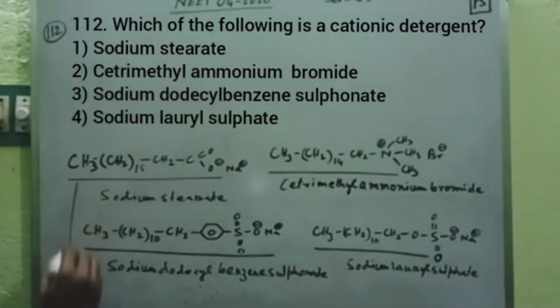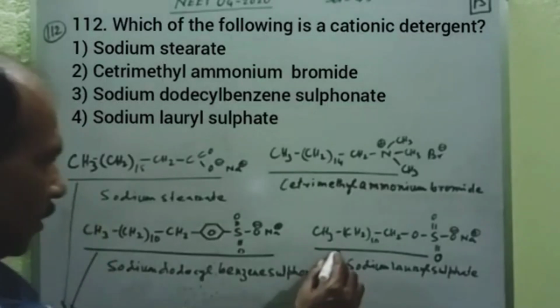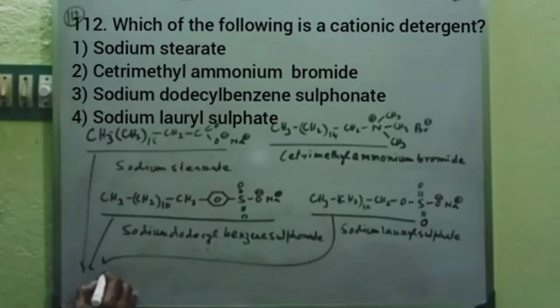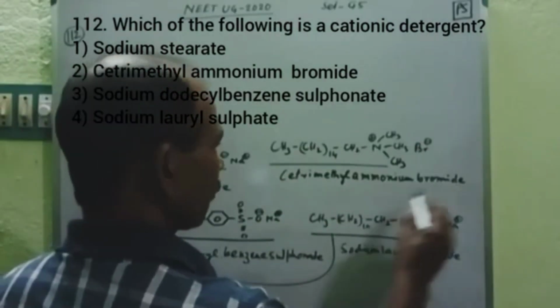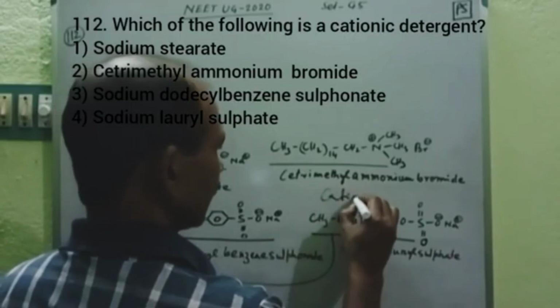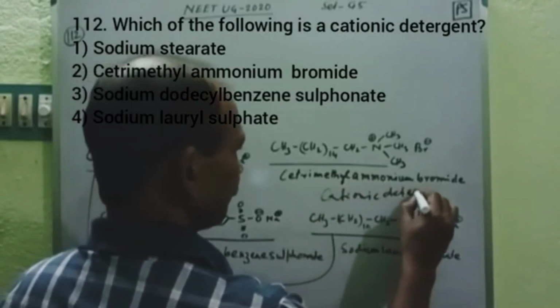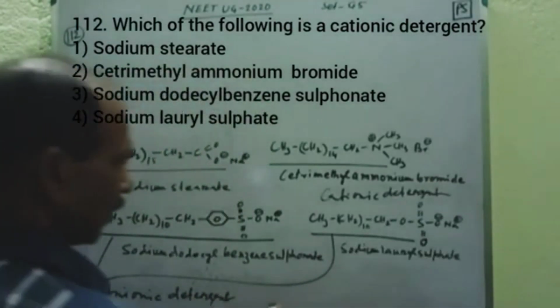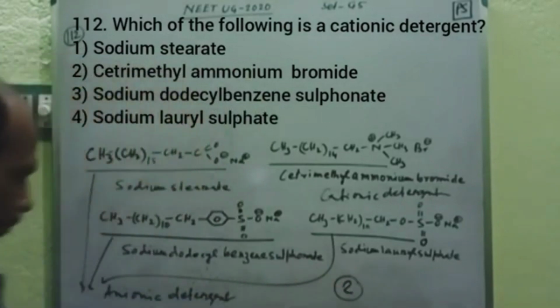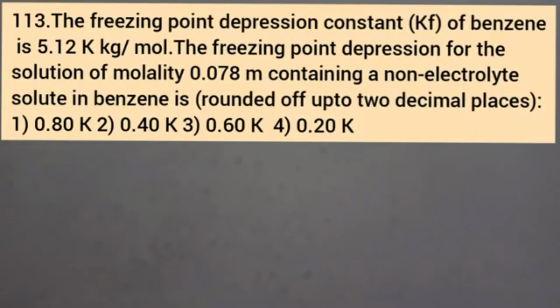So, this compound and this compound, all three are anionic detergents. But this cetyltrimethyl ammonium bromide is a cationic detergent. So the right option is option number 2.